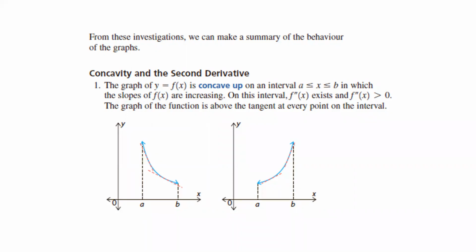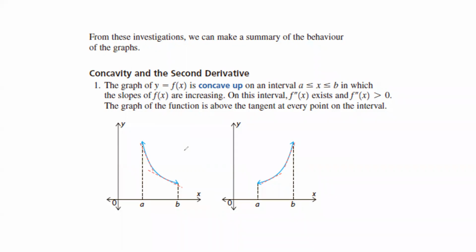Any questions, guys? Can you explain that one more time? So concave up basically means that we have intentions to increase our velocity, if you prefer.